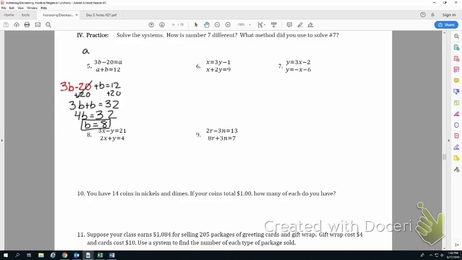So I'm going to have a equals 3, instead of b I'm putting 8 in there, minus 20. 3 times 8 is 24. 24 minus 20 is 4. Did you also use the second?